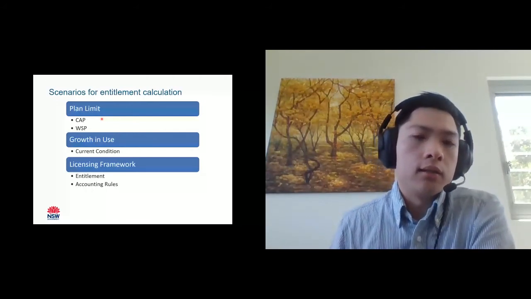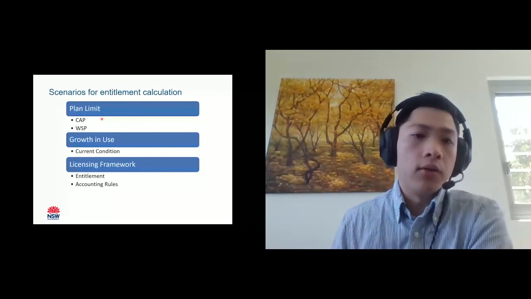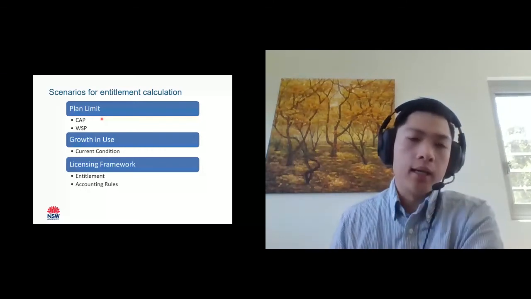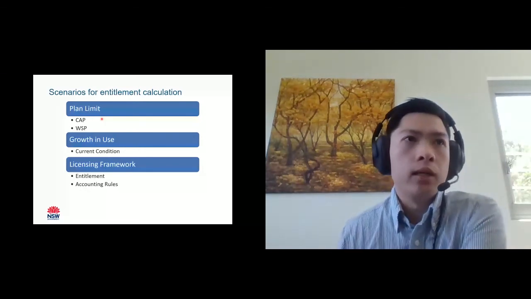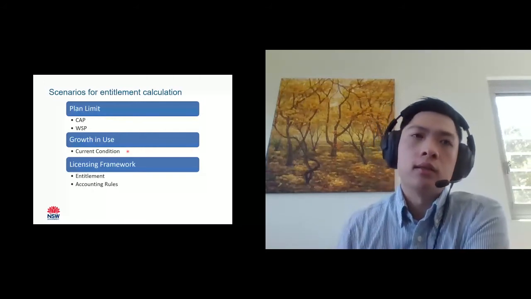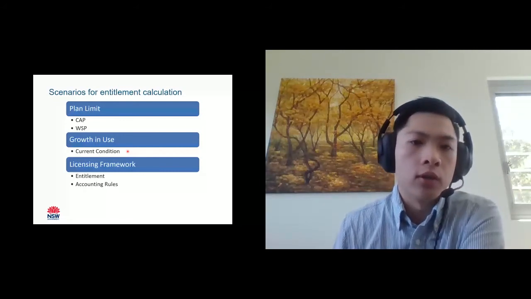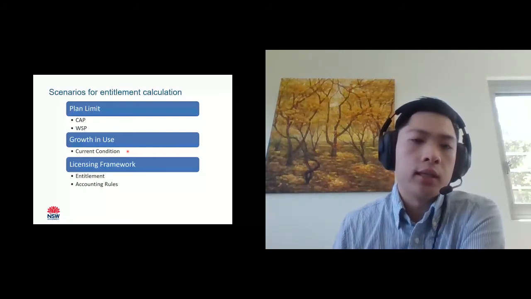This current condition scenario is meant to represent what is actually on the ground at the moment, and we know that each individual farm has been working on improving its own efficiency as well as increasing capacities and changing pumps and so forth. So we need to come up with a current condition that estimates how much floodplain harvesting can actually be taken as of now.